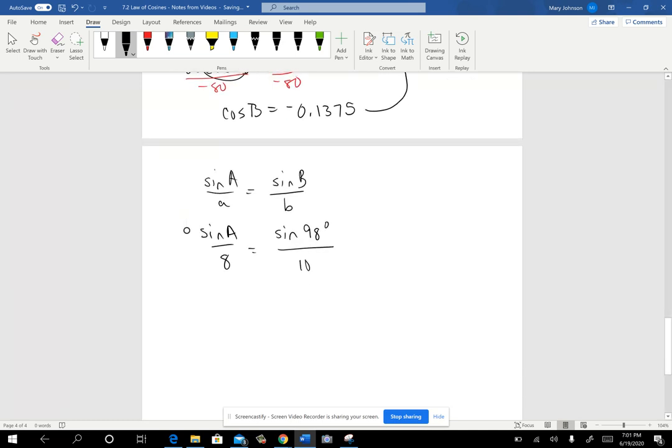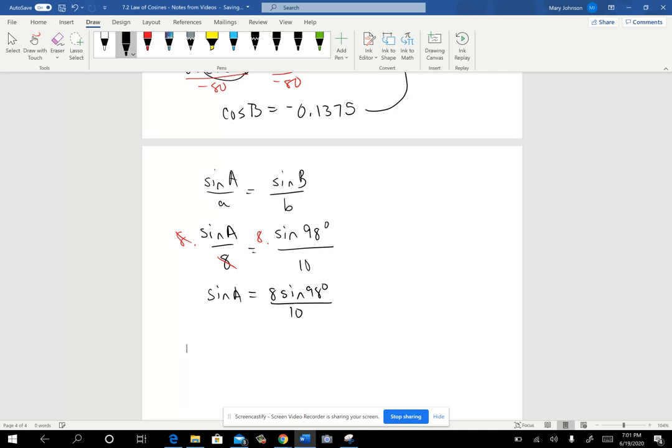All right, and if I'm setting up my law of sines, I'd like to make my unknown be in that top left corner. It just makes it much clearer, I think, to people when we get ready to do the algebra component. Okay, so I want to get the sine A by itself, so I'm going to multiply by 8. That leaves me with sine A equaling 8 sine 98 divided by 10.